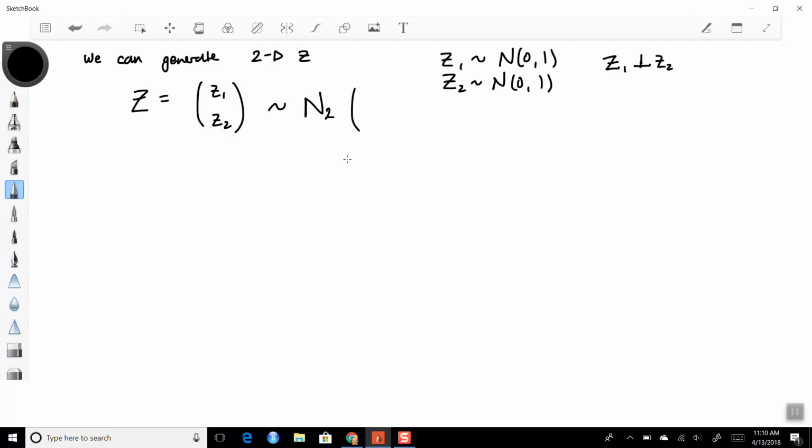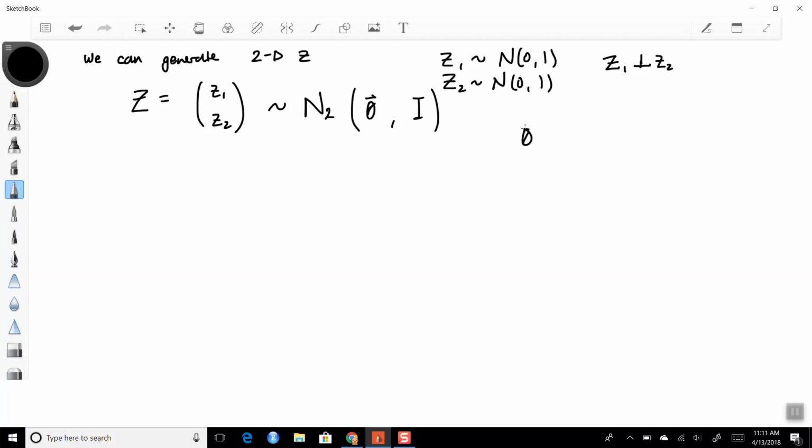What would the mean be? 0. It would be the 0 vector. And what would the variance covariance be? It would be the identity matrix, okay?